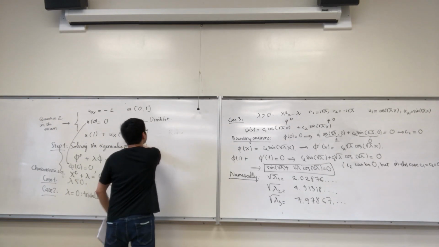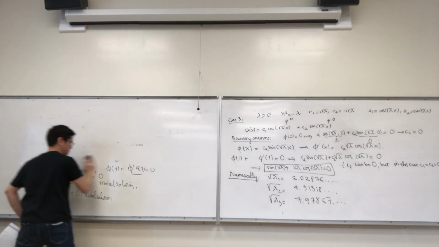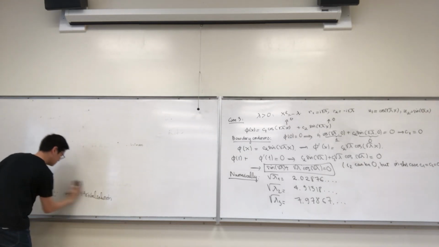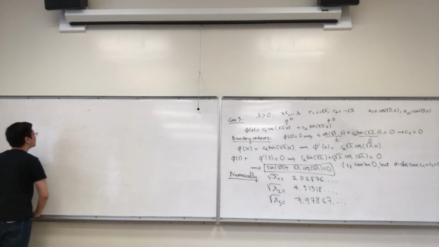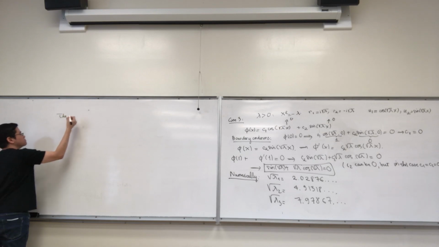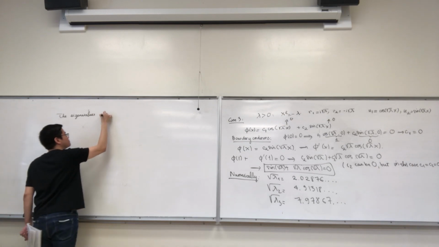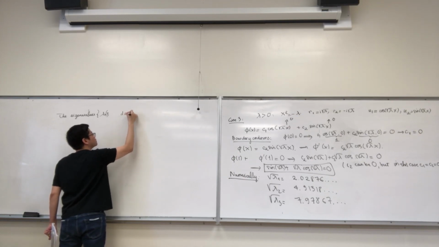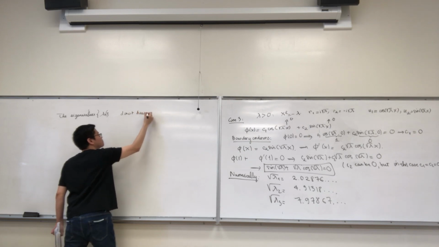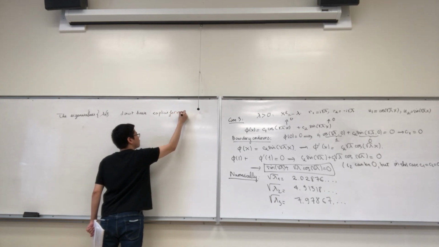So basically, finally, the eigenvalues lambda n do not have an explicit form.